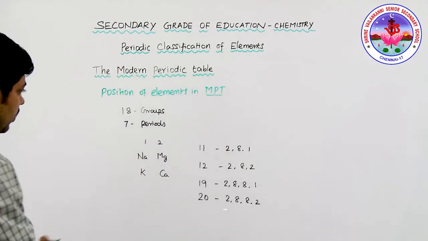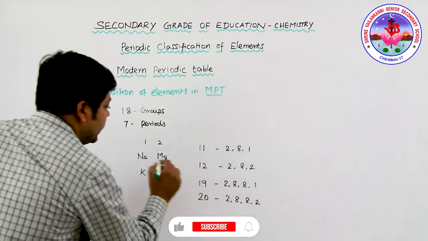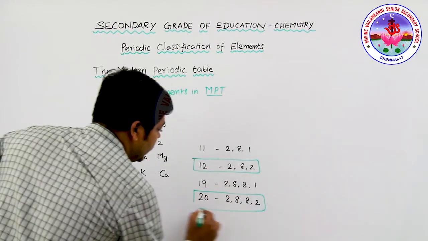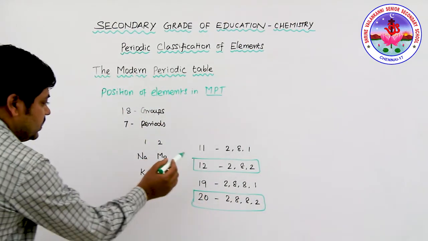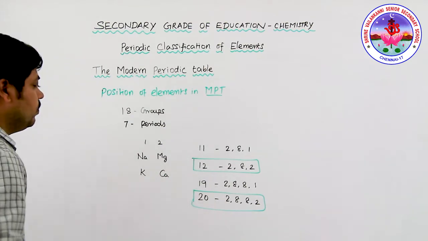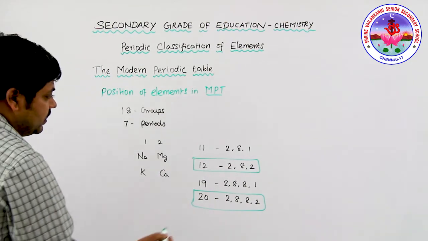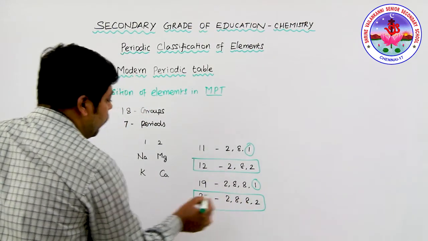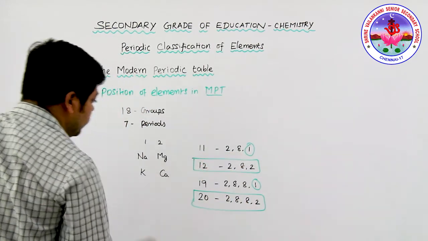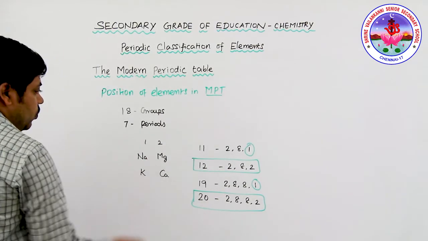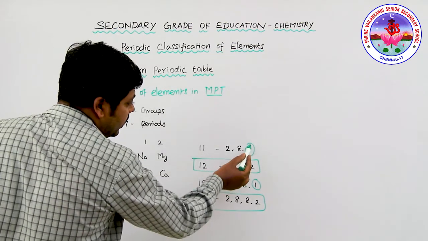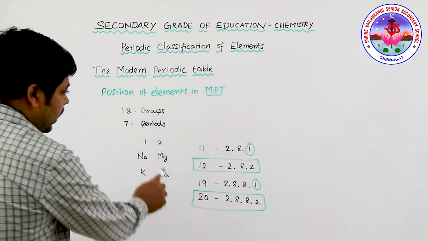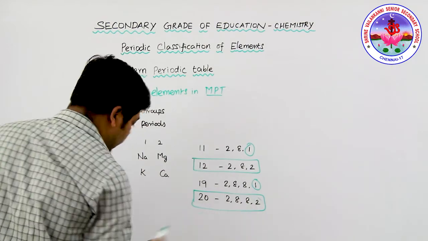Look at this: magnesium and calcium are in group 2, and sodium and potassium are in group 1. Look at the valence electronic configuration. The valence electron is only one in the group 1 elements, whether potassium or sodium. For group 2 elements, the valence electrons are 2.